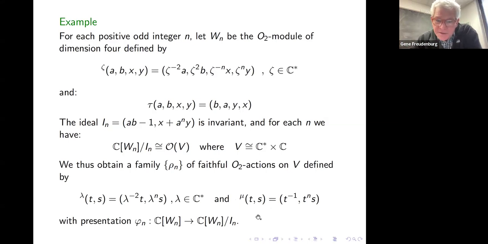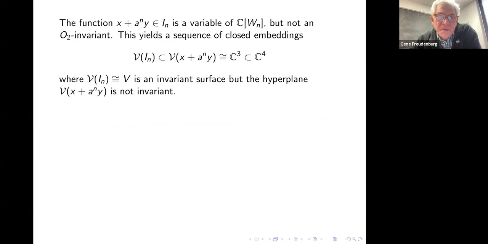So anyway, this is what we end up with, lambda being the element of C star and mu the involution. The key observation is that this function x plus a to the n y is a variable of the polynomial ring in 4 variables, but it is not an O2 invariant.